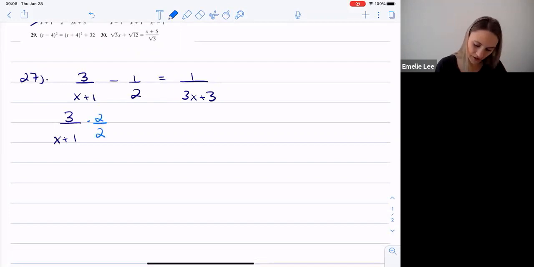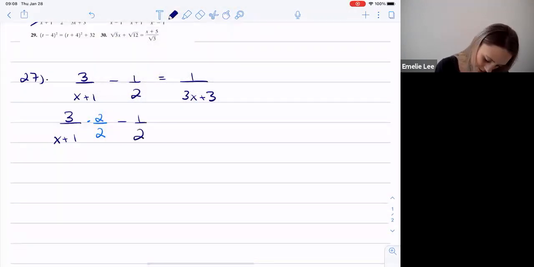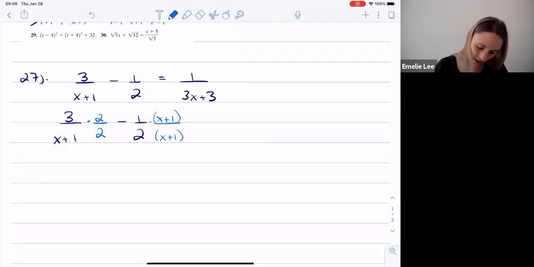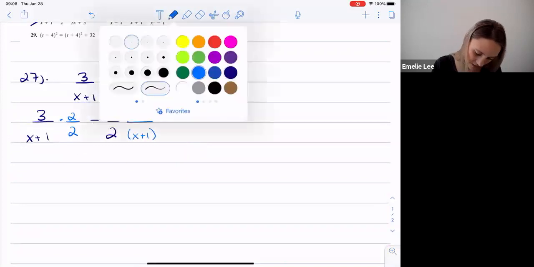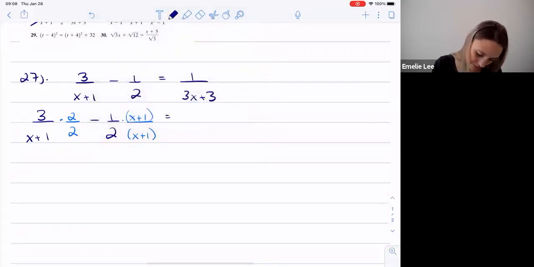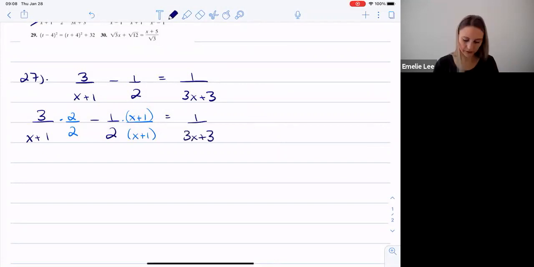So times 2 over 2 minus 1 over 2 times x plus 1. And I'll put those in brackets just to emphasize that it's multiplying all of that. Okay. I'm going to scoot this over because I want to stack my equal signs. Is 1 over 3x plus 3. Okay.